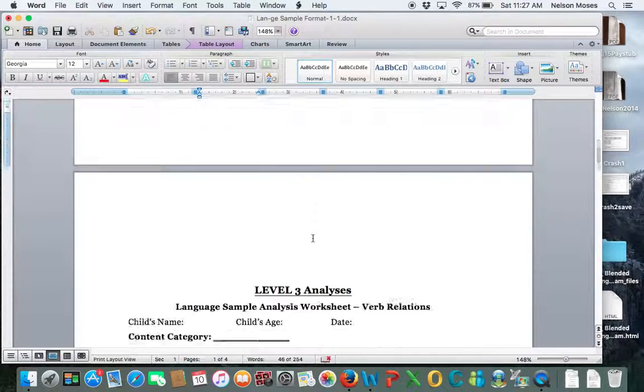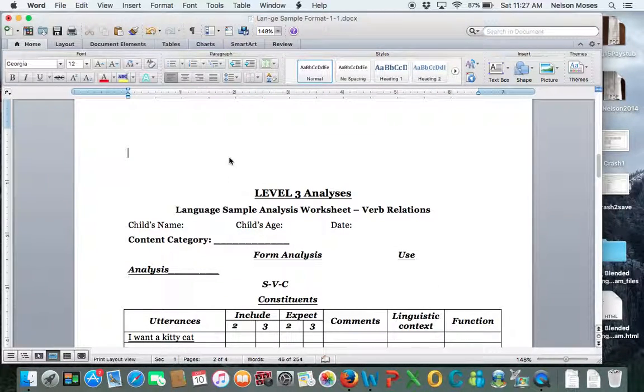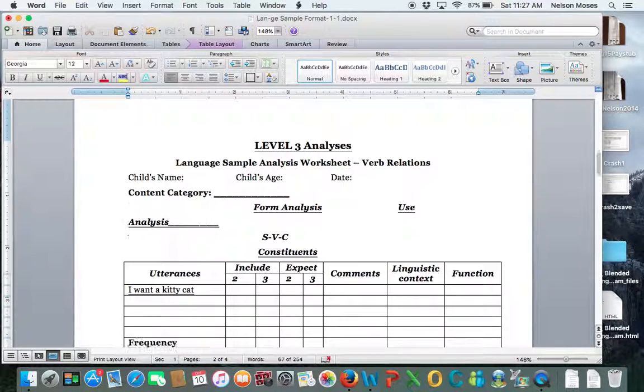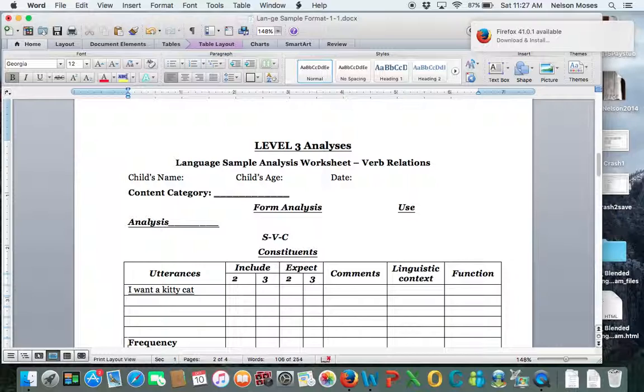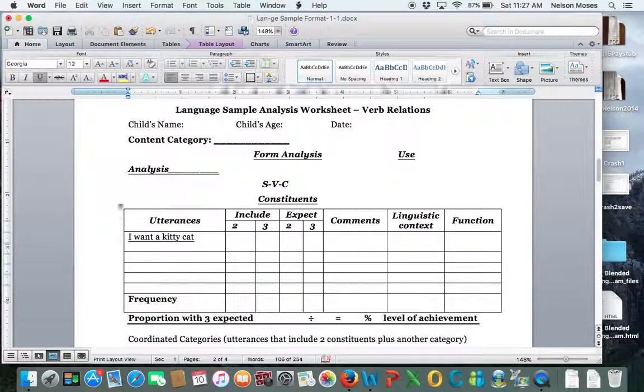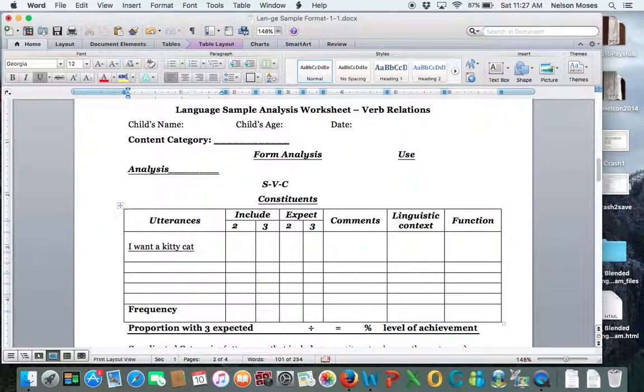Now, let's go to the level 3 analysis sheet. Again, you will have originally transcribed your utterances on the transcription sheet, that 3-column sheet that we introduced a while ago. Then you take a look and ask yourselves which of the utterances have a single verb in them.